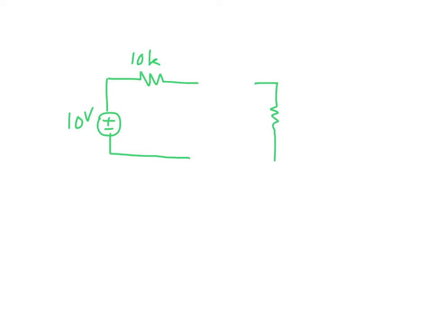To go through how this buffer works, let's draw a very simple circuit. I have a voltage source here, which is 10 volts. I have a resistance here of 10k, and we have a load resistance, all connected here to the ground, this RL equal to 1k.